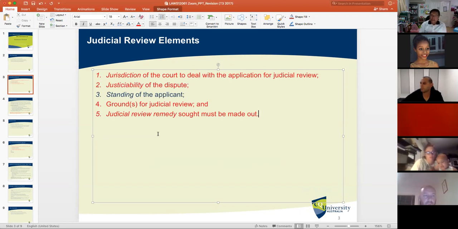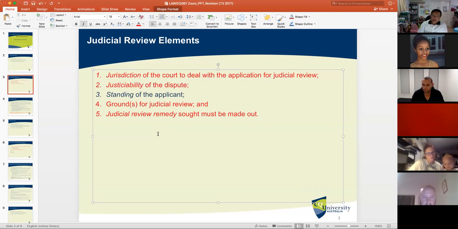What it means is that you don't have recourse to the ADJR Act in relation to the grounds for judicial review, and also in relation to Section 12, the powers of the court in relation to judicial review. Okay, so are we clear there?